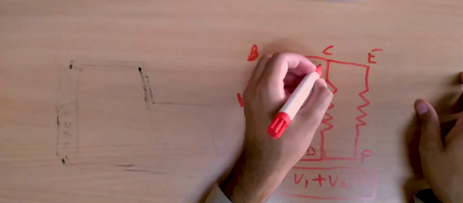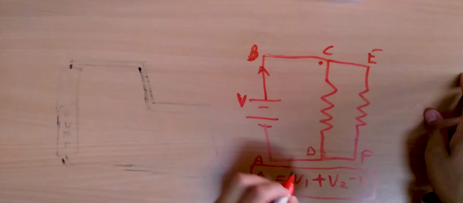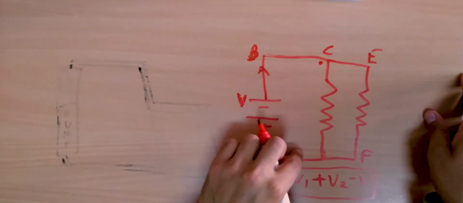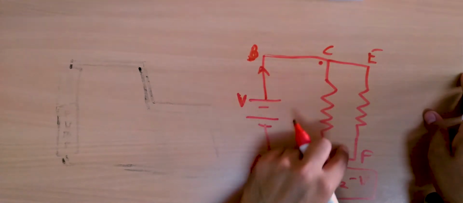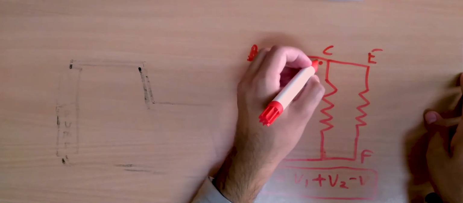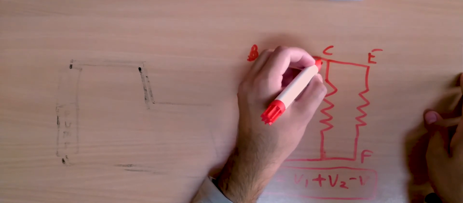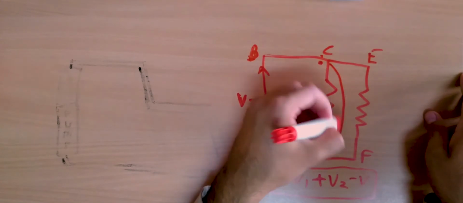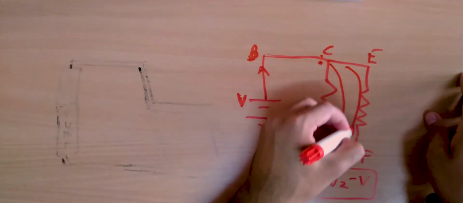So let's say we have some electron here, and it has to either move through this resistor and reach here, or move through this resistor and reach here. The potential energy of this electron only depends on its location. So it doesn't matter if it goes through this path or through this path.